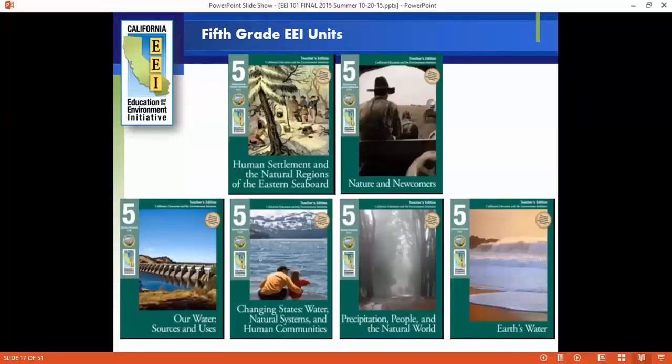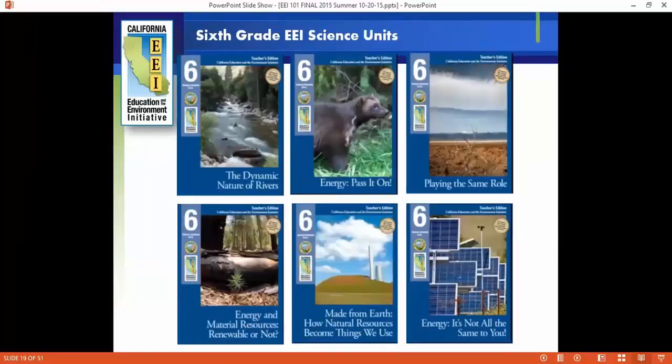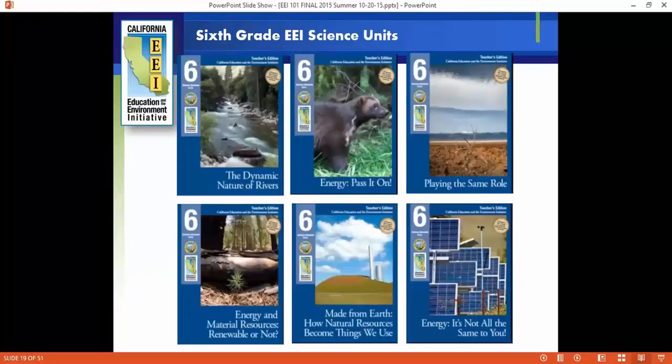Really great American history connection that connects in a way to California, so check that one out too. Fun. Now, sixth grade is the grade level where we have the most units. We have 12 units, 6 history-social science and 6 science units. And in history-social science, we're looking at ancient civilizations. And then in science, we're looking at energy and natural resources.